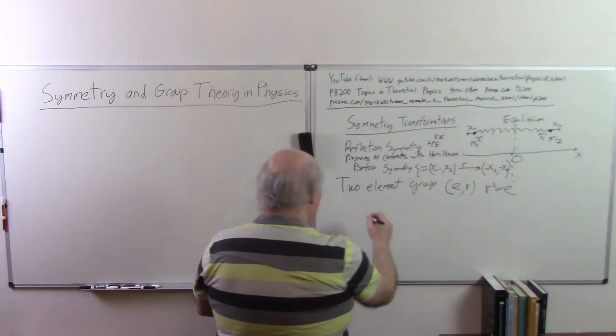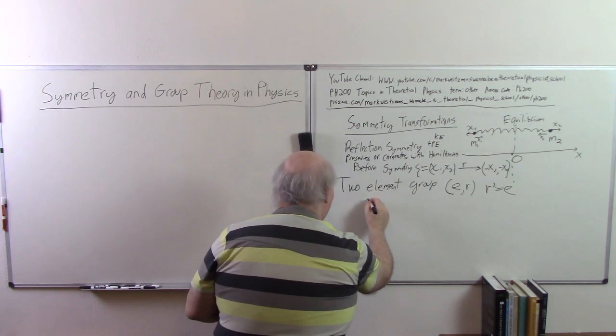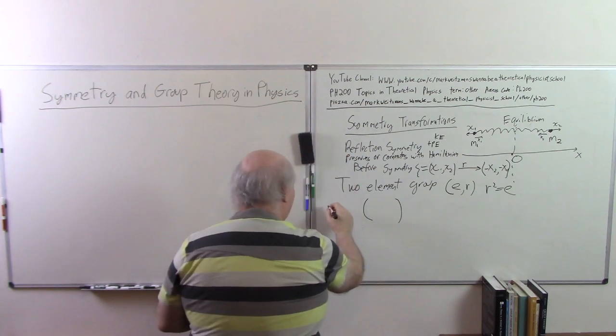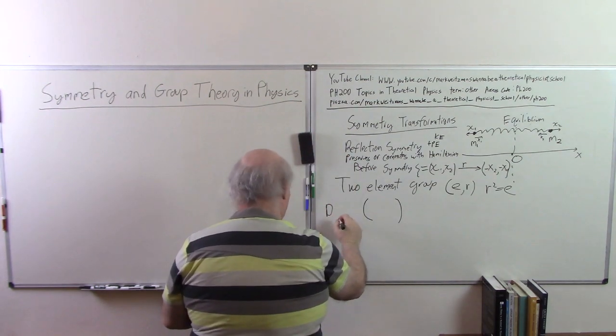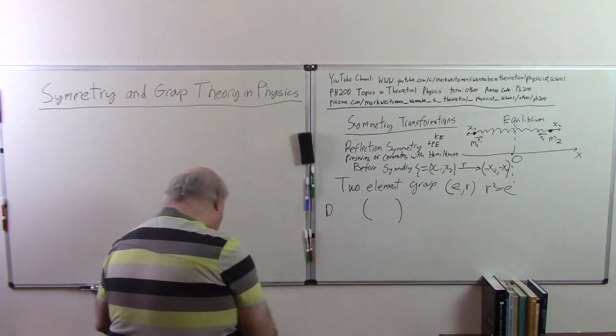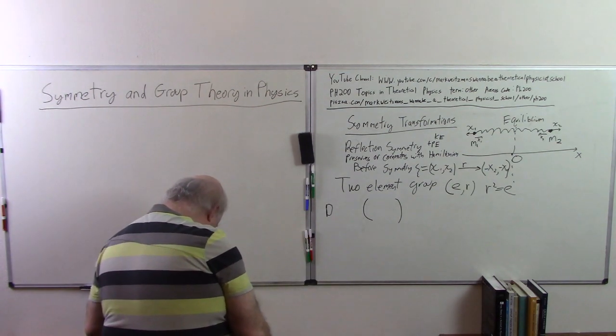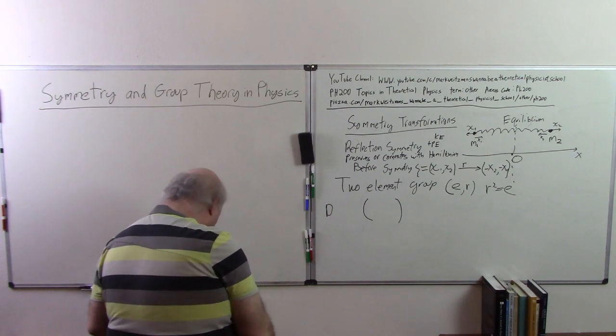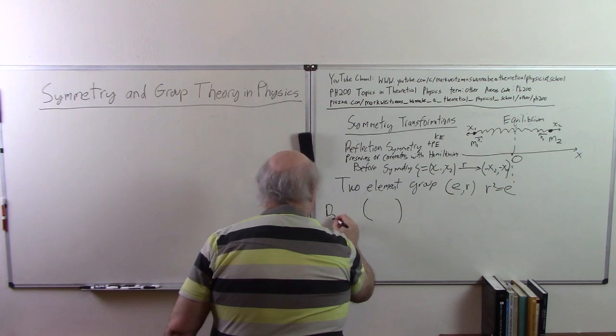So the matrix representation is, and I'll call this D, let me see what notation I used. Let's just call this D2E.